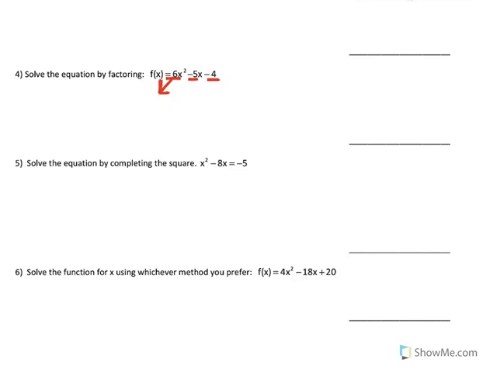So we're going to move on because we can't pull out a GCF. We're just going to group these together. That means that we are going to find 2 numbers that multiply to give us -24 and add to give us -5.